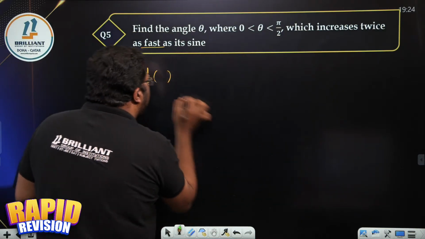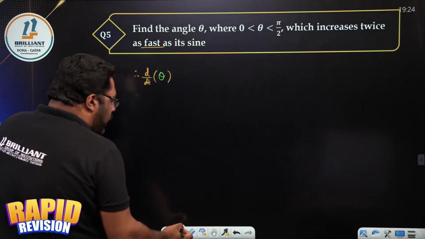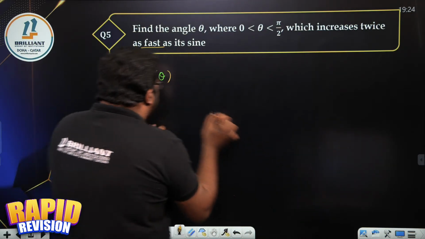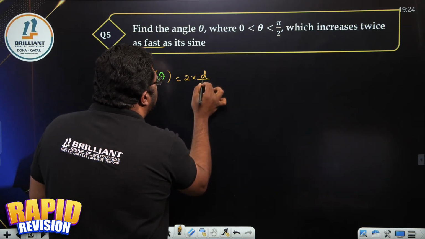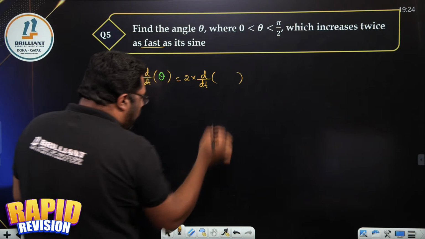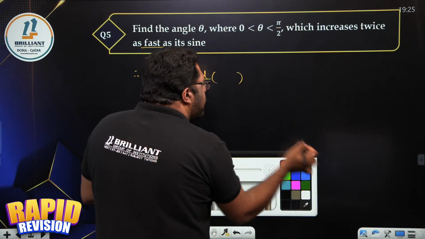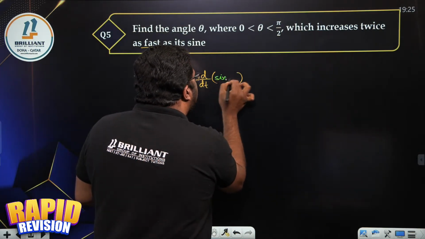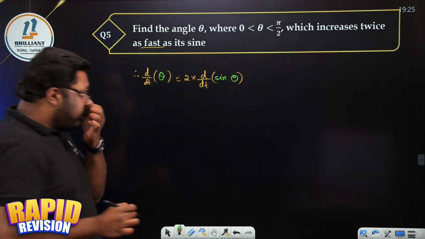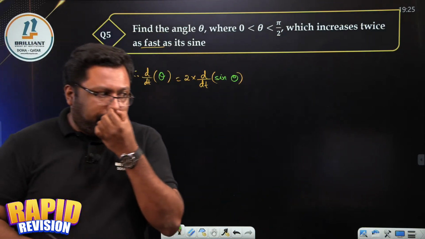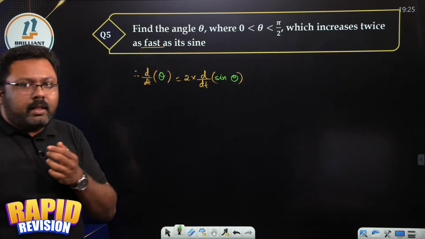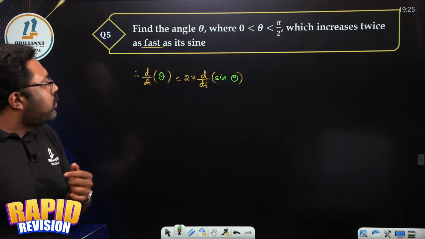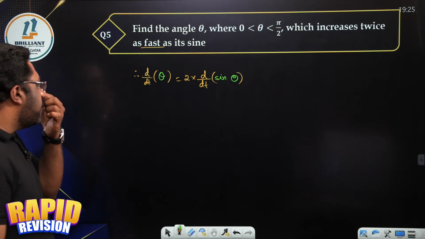The change in the angle theta is 2 times faster than the change in its sine. Sine stands for sine theta. This is the expression, all of you. d by dt of theta is equal to 2 times d by dt of sine theta.